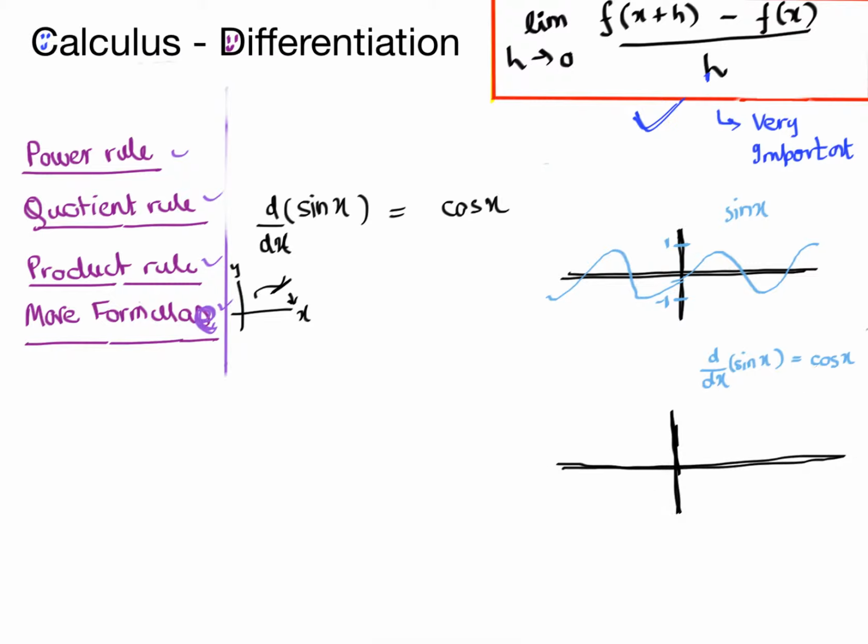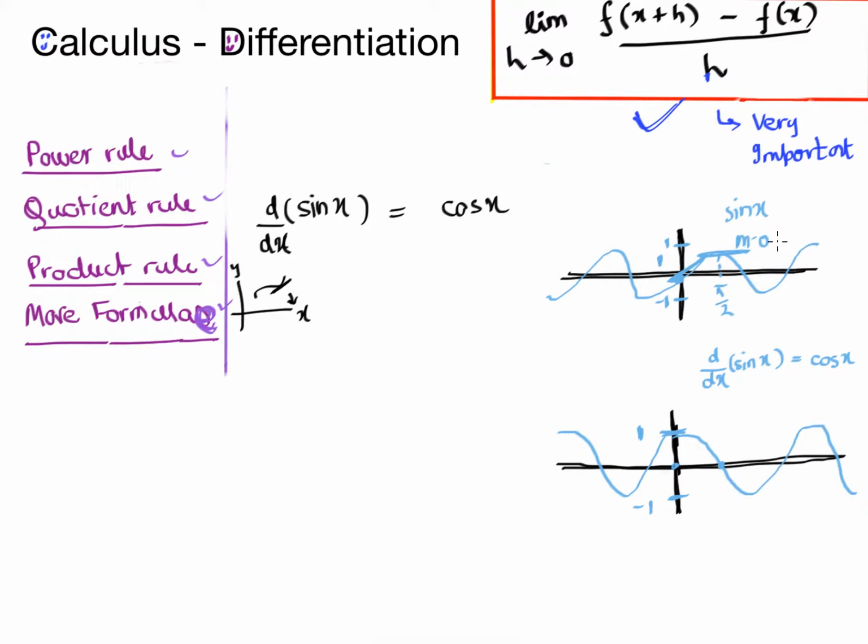Let me just draw it clearly and I'll try to explain it because it's really interesting. So we have this, and this is 1, and this is minus 1. Notice what this says over here. At 0, the slope of sine x is 1. And that's why the value of the cos x graph at 0 is also 1. And let's talk about it over here. We have the slope at pi by 2 as 0.